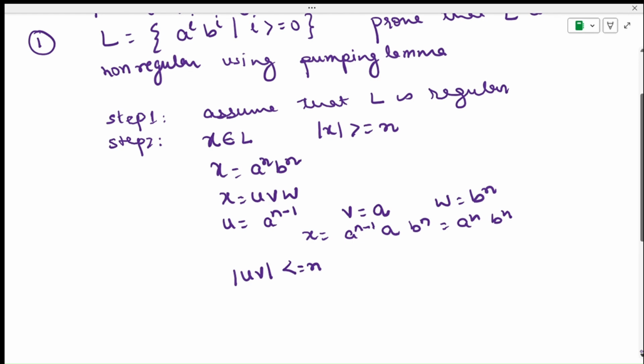You can see a raised to the power n minus 1 and a raised to the power 1, so length is equal to n. So this condition is satisfied. Similarly, check for length of v. Length of v is 1, that is not null. Therefore, this condition is also satisfied.